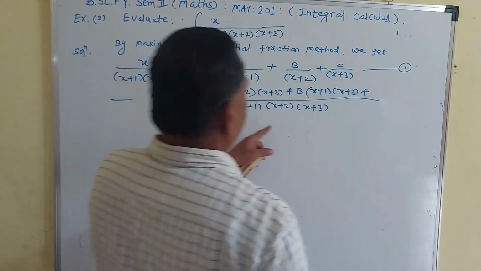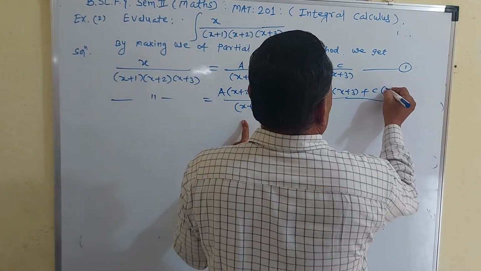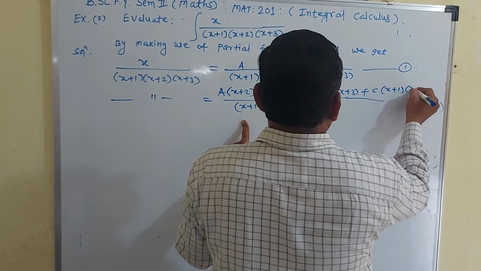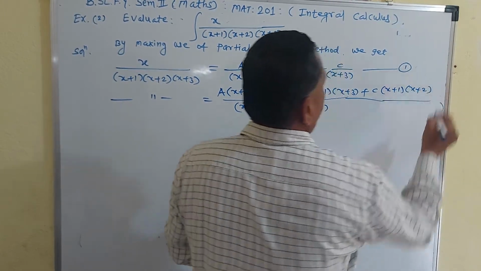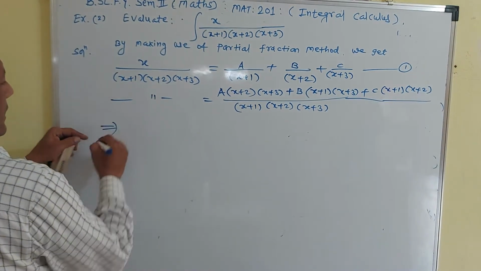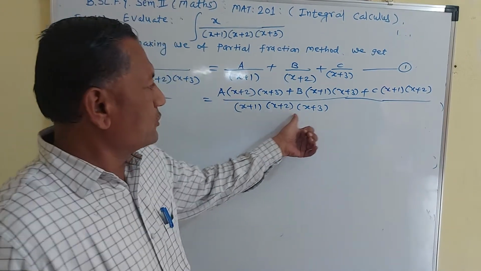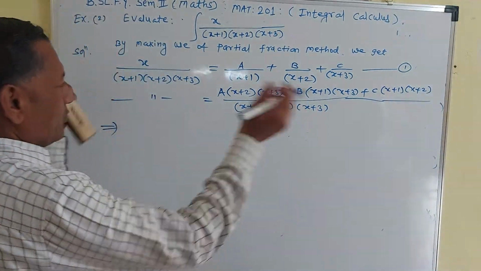Then plus x plus 3 cancel, c into x plus 1 into x plus 2. So in left side and right side, x plus 1, x plus 2, x plus 3 are there, therefore it cancel.